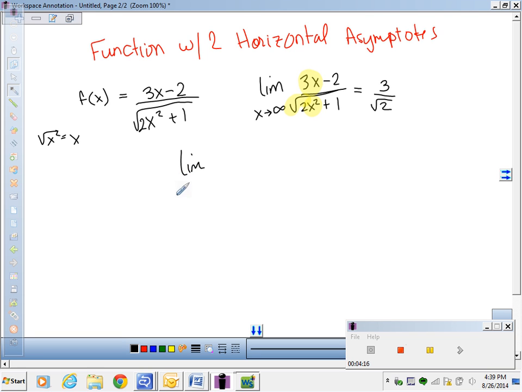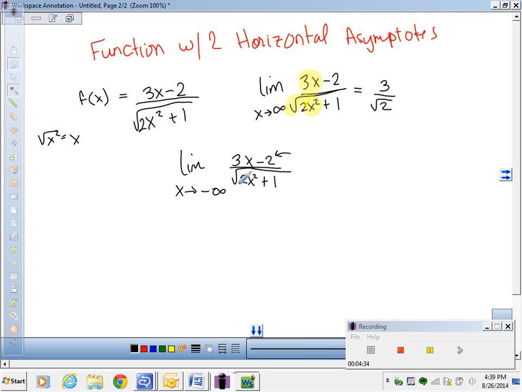However, when I am approaching negative infinity of that same function, 3x minus 2 over the square root of 2x squared plus 1, I look at the numerator, and if I were to plug in negative numbers in here, they start getting more and more negative. I can't do that for the bottom because it's a radical.